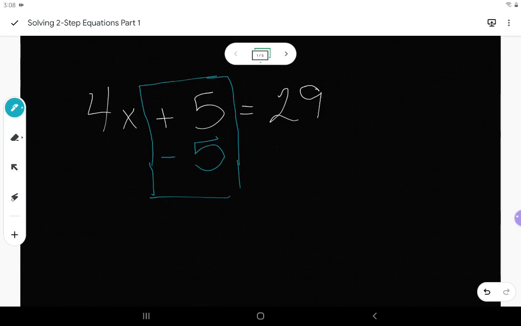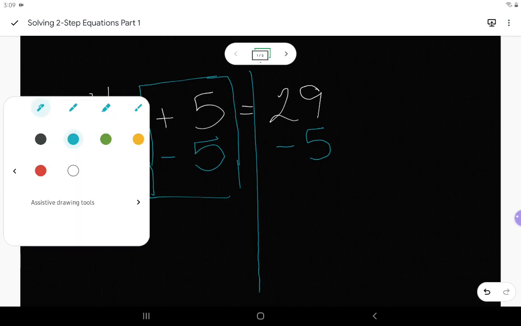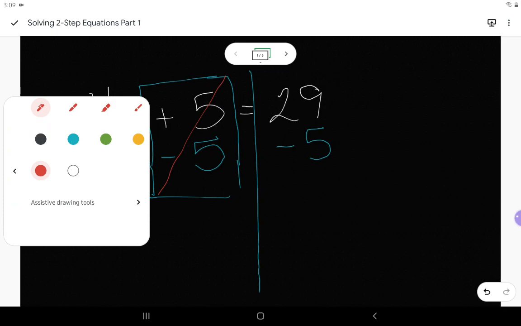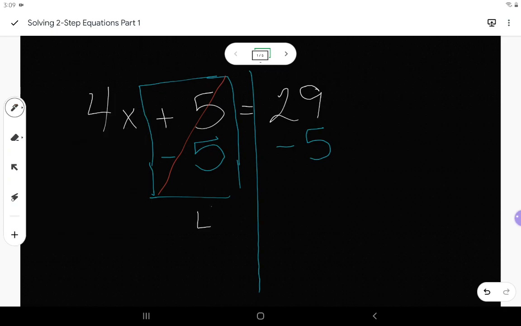Now remember, whatever I do on one side of the equal sign, I have to do on both sides. We have to treat both sides of an equation equally. So once I do that, the 5's are now canceling one another, and I'm left with 4x is equal to, on the other side, 29 minus 5 is 24.